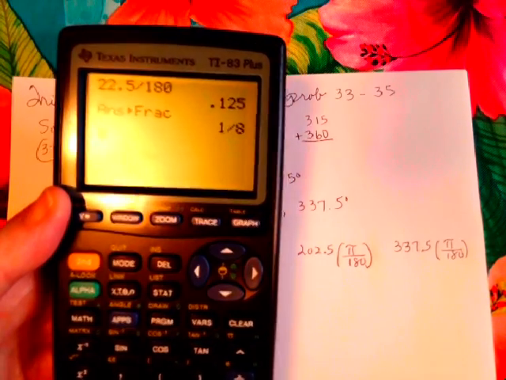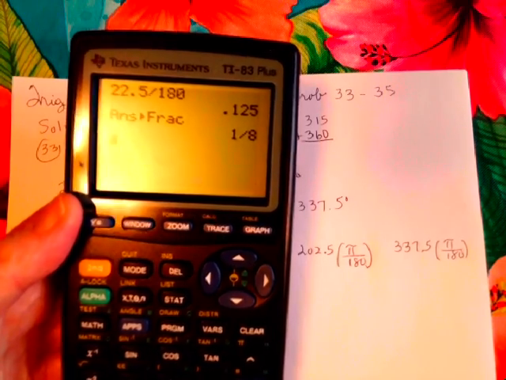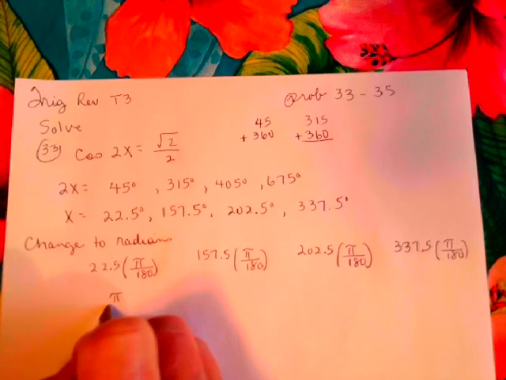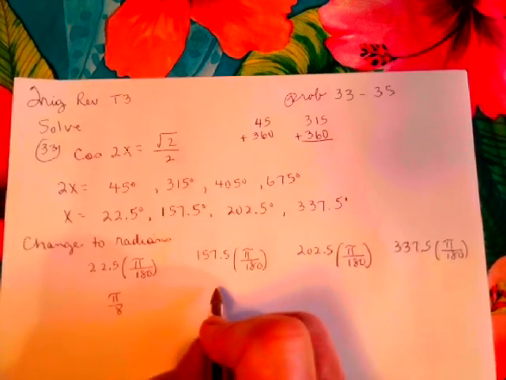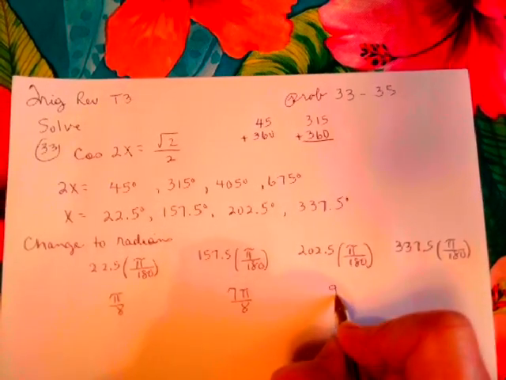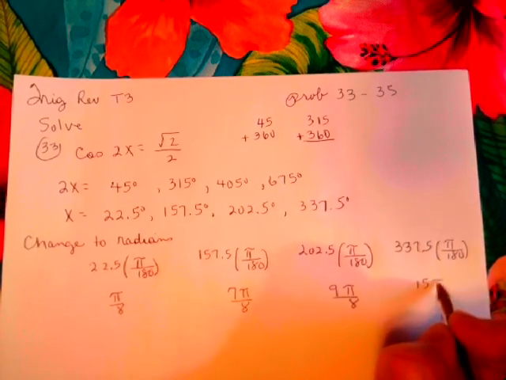You have 1 over 8. That tells me that this is pi over 8. Do a similar process for each of these others and you will come out with 7 pi over 8, 9 pi over 8, and 15 pi over 8.